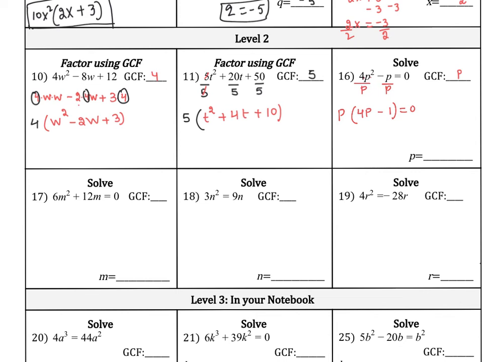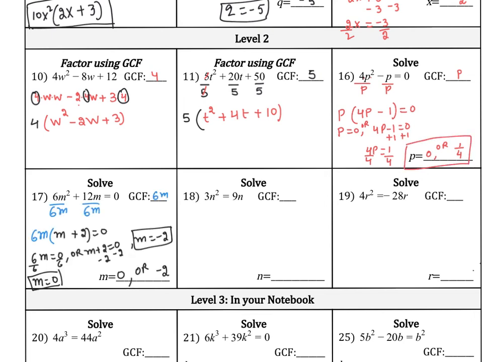You're going to find the value of p by putting each factor equal to 0 one by one and solving for p. So either p is 0 or p is going to be 1 over 4. So these are the two values of p.